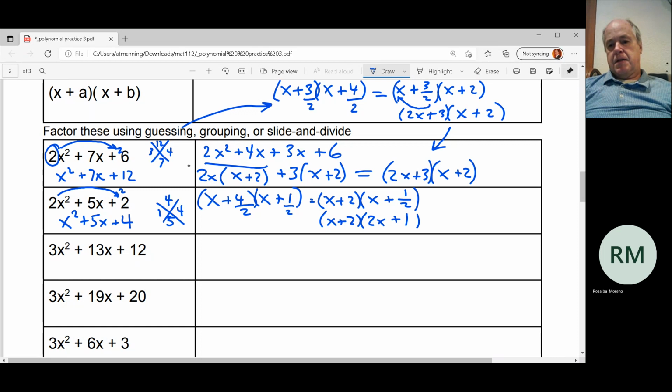Bring out that, multiply the x, essentially sliding it back to where it belongs. And if we multiply this out, we'll see that we get 2x squared plus 4x plus another x, giving us a 5x plus 2. So slide and divide allows us to factor polynomials when there is not a 1 in front of the x squared.